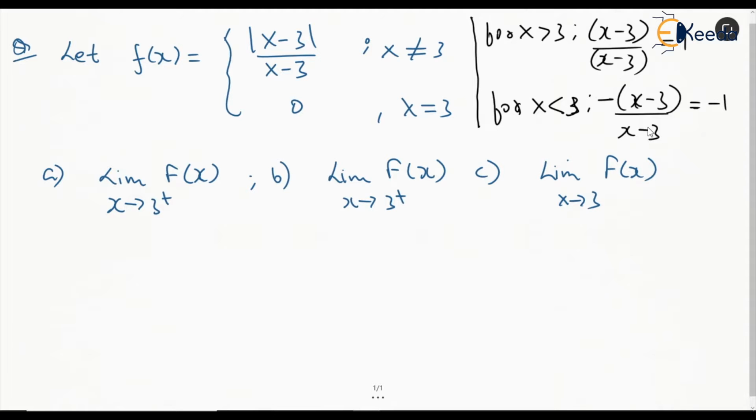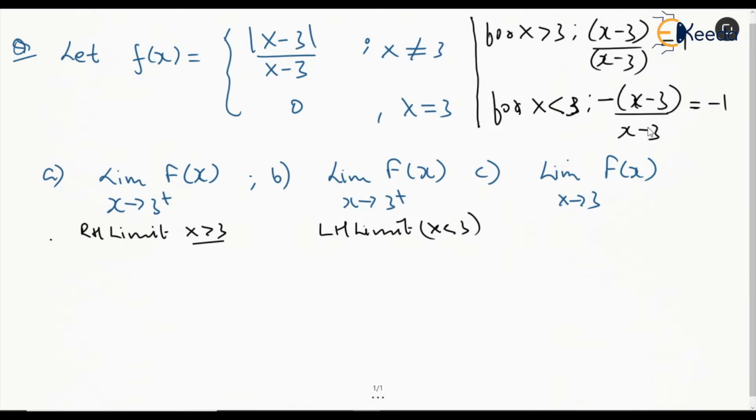So in that case, when we are approaching the function from the right hand, this is the right hand limit. That means x will be greater than 3. We are approaching from the right hand, and this is left hand limit. That is x will be less than 3 and of course around 3.